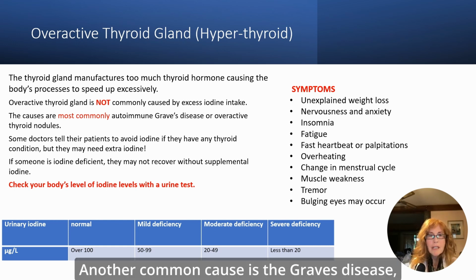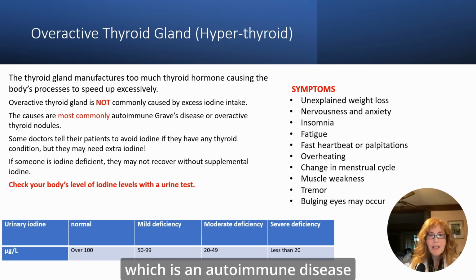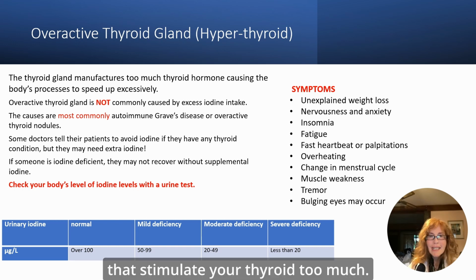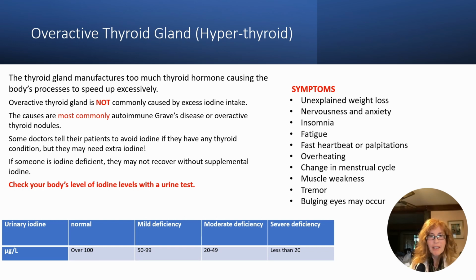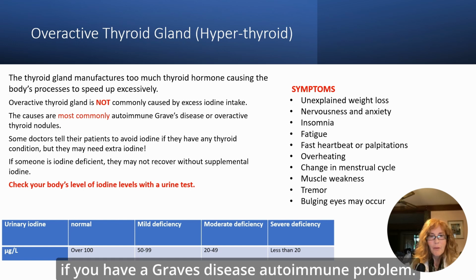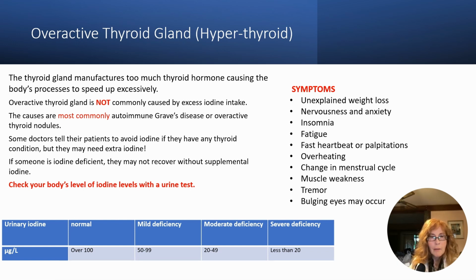Another common cause is Graves disease, which is an autoimmune disease where your immune system makes antibodies that stimulate your thyroid too much. So that's opposite to the Hashimoto. So we can test for those antibodies if you have a Graves disease autoimmune problem.